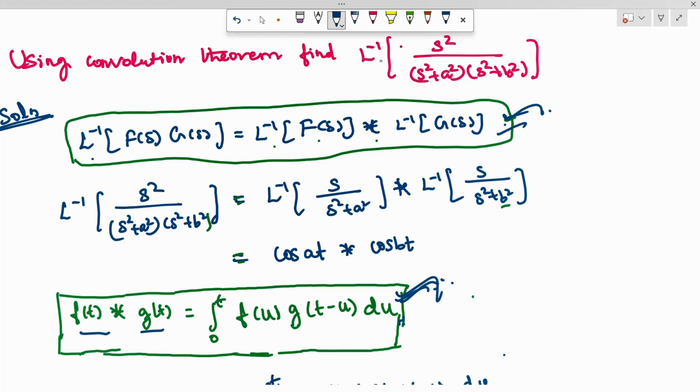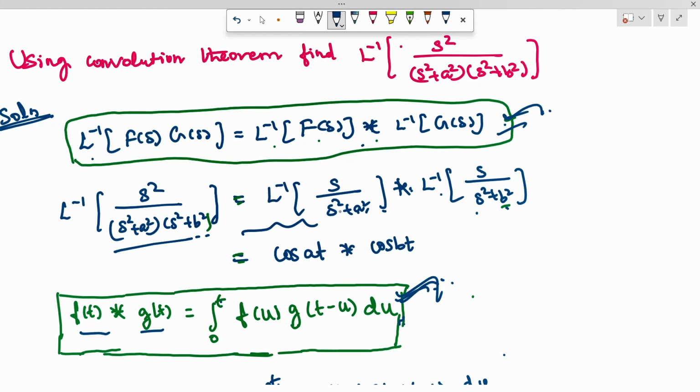Now we can solve this. L inverse of s square by s square plus a square into s square plus b square equal to L inverse of s by s square plus a square into L inverse of s by s square plus b square. Here we used the statement of convolution theorem, and also here we can apply the L inverse formula.